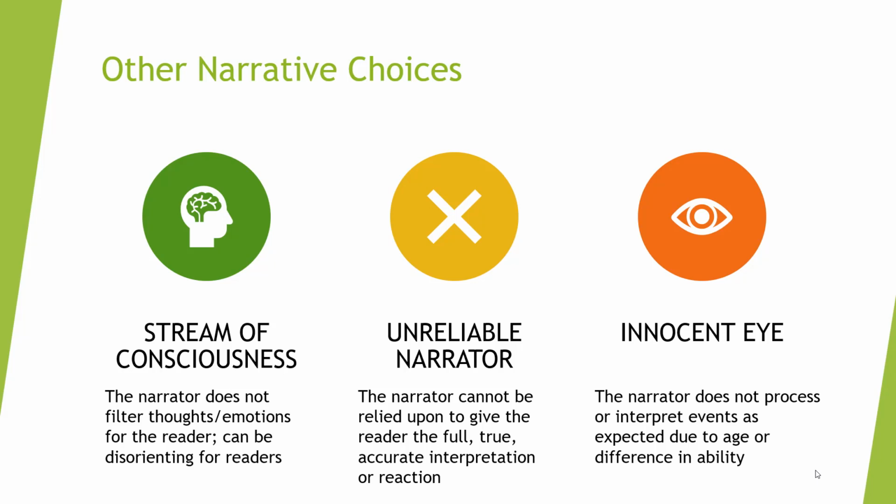And then one form of an unreliable narrator is what's called the innocent eye. The innocent eye narrator isn't purposely misleading, is not trying to intentionally undermine the reader's experience of events. The innocent eye narrator is just not able to give a full and accurate interpretation of events to the audience.